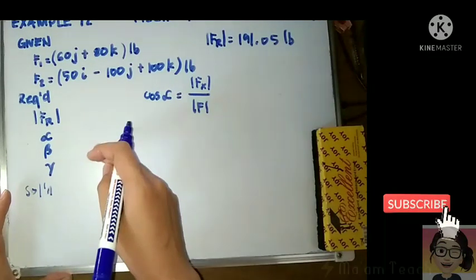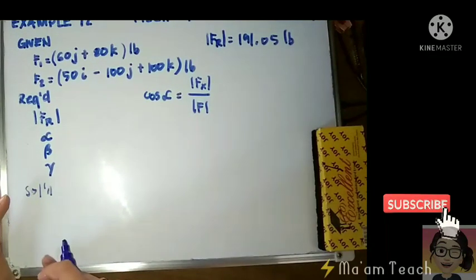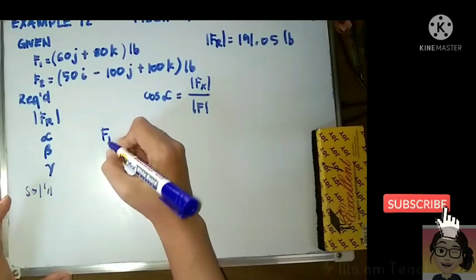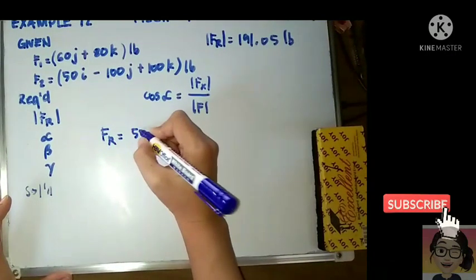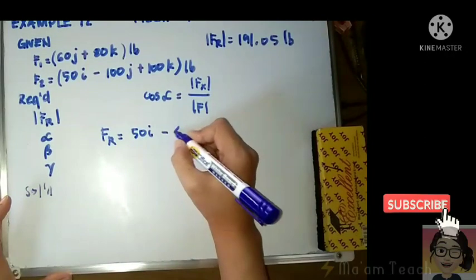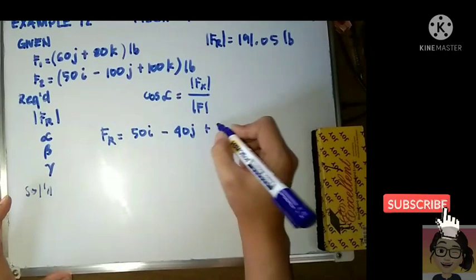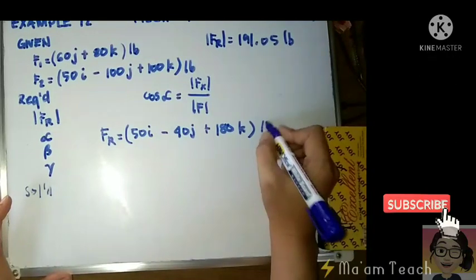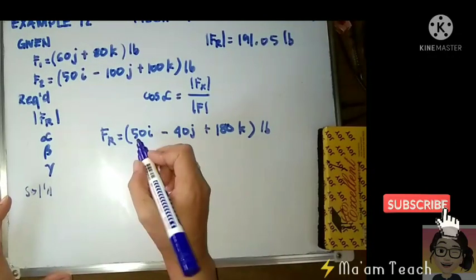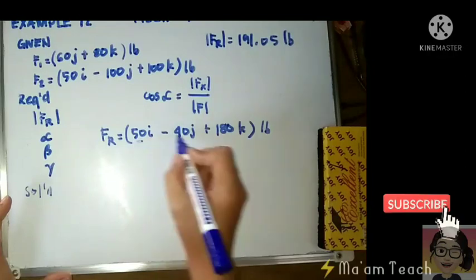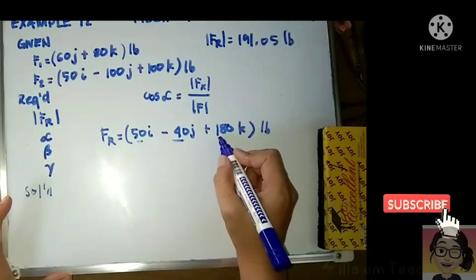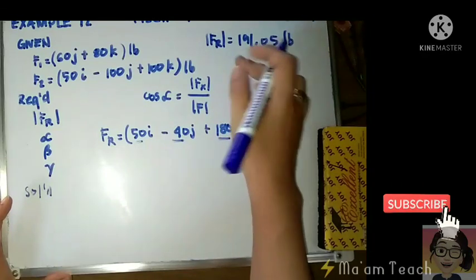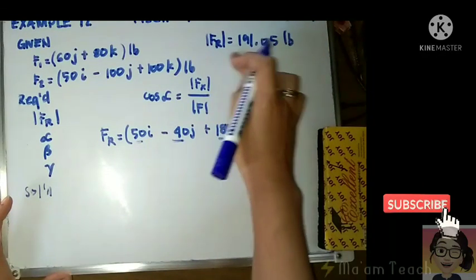Earlier, our F sub R is 50i minus 40j plus 180k. From here, the x, y, and z components are these, and the magnitude of the resultant is this.